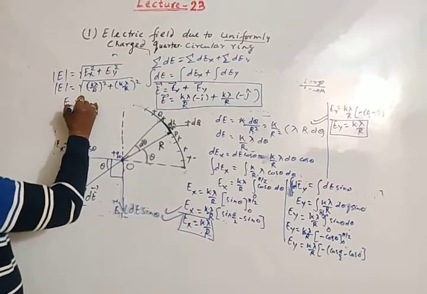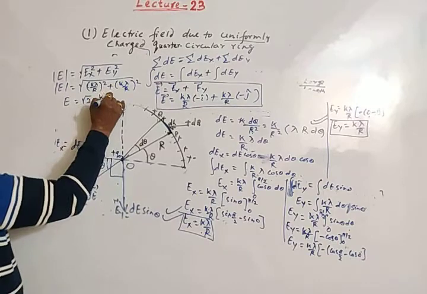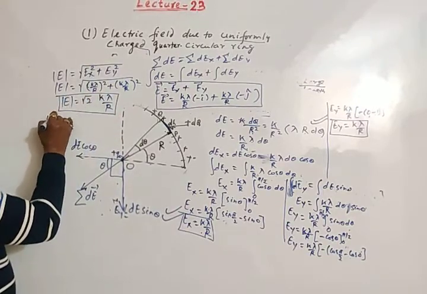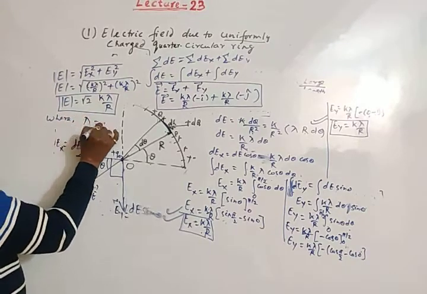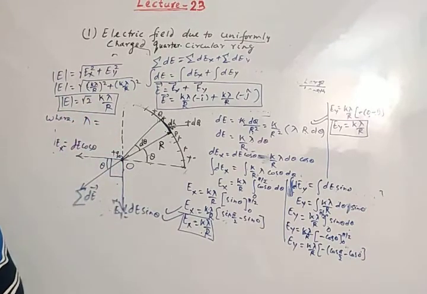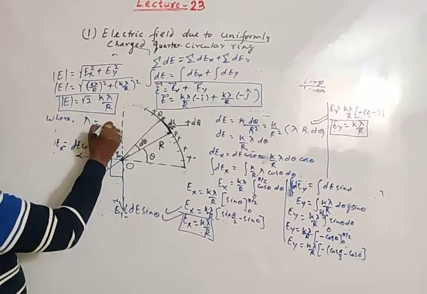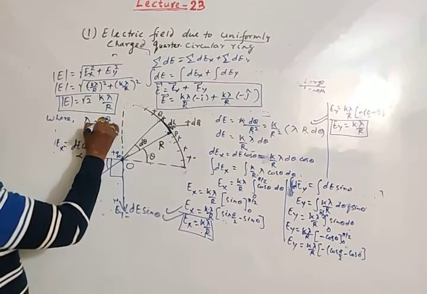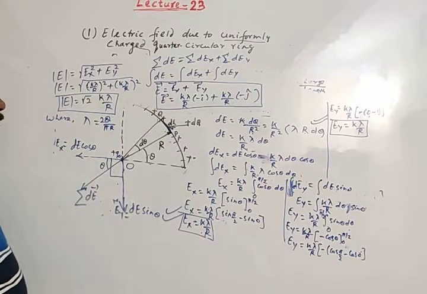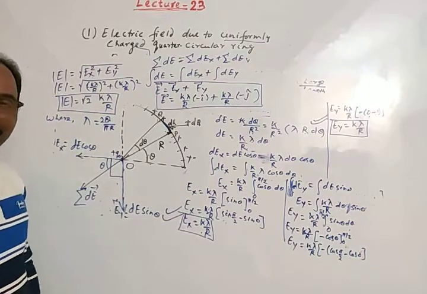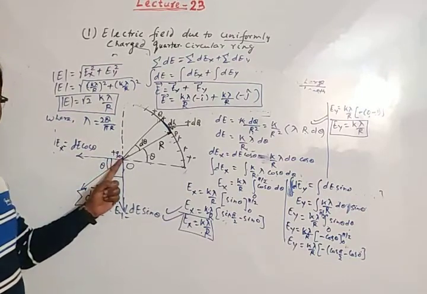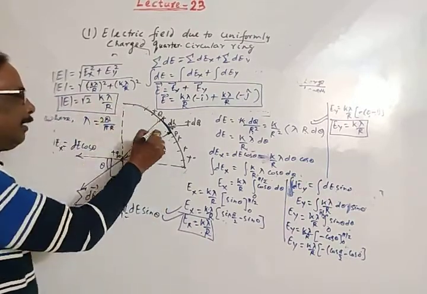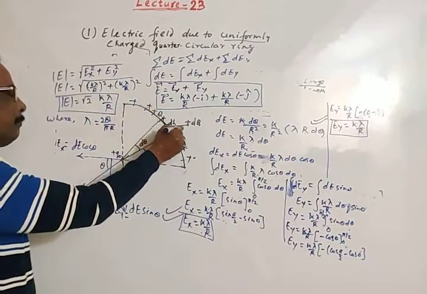Then the resultant electric field is root 2 k lambda by r, where lambda is equal to total charge q over total length pi r by 2. So we have got the magnitude and direction of the resultant field intensity at the center of a uniformly charged quarter circular ring carrying total charge q.